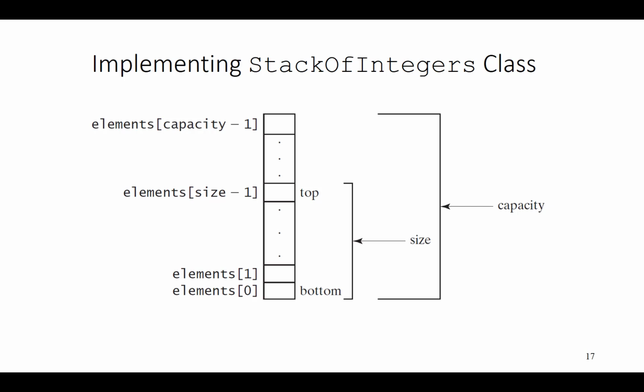We have the ability to set its initial size, and if we don't ask for a particular initial size, it's going to be set to an initial size of 16. If we take the default of 16 and our stack is about to overflow, then rather than overflowing, it will simply double from 16 to 32.